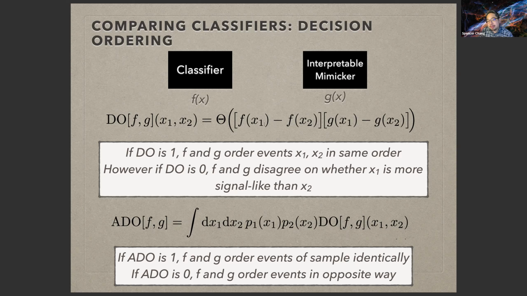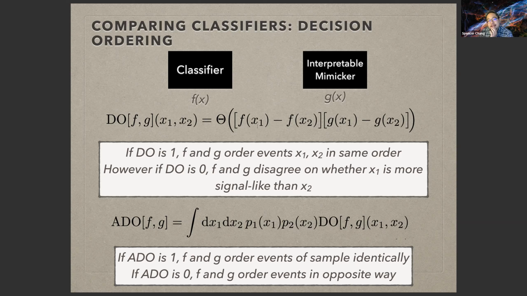But maybe you're asking: if F of x1 is much bigger than F of x2, but G thinks x1 and x2 are very close, should I penalize this and say that G is not doing as well as F? I think event by event, it doesn't matter, because F and G still agree that x1 is more signal-like than x2. And so I don't think the magnitude really matters.